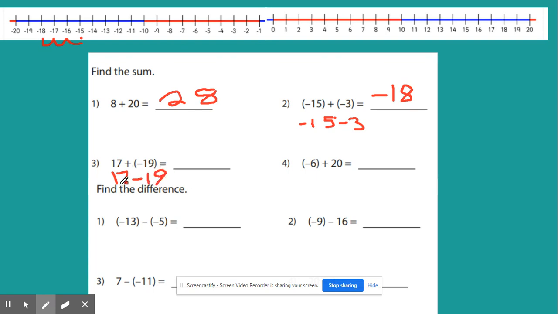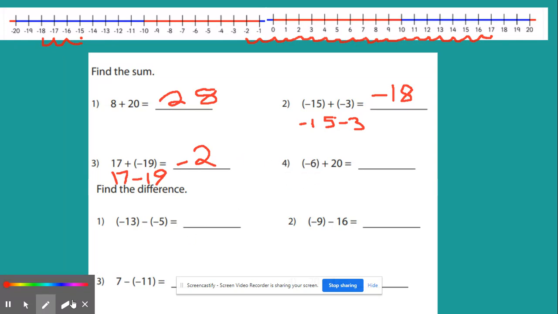So again, we start at our first number, which is right here, and we make 19 jumps this way, and we are going to end up at -2 after counting 19 jumps. The reason it's negative is because you have a number and you're subtracting a larger number. So that tells you that you are going to have a -2 here.